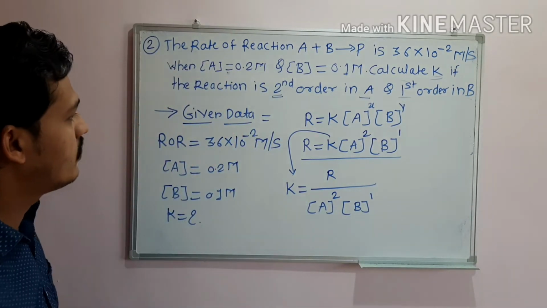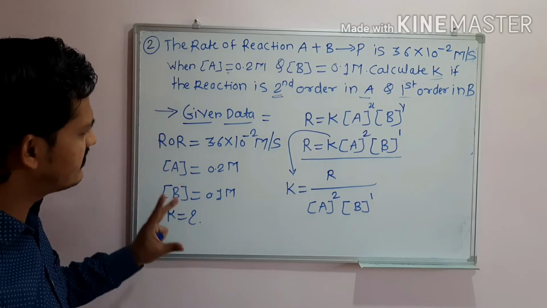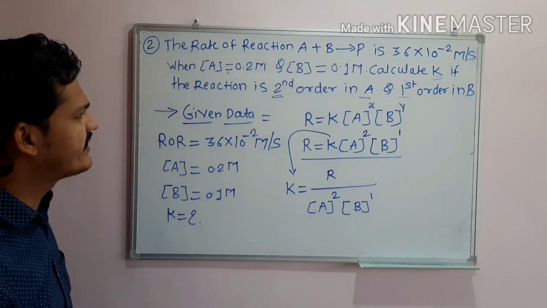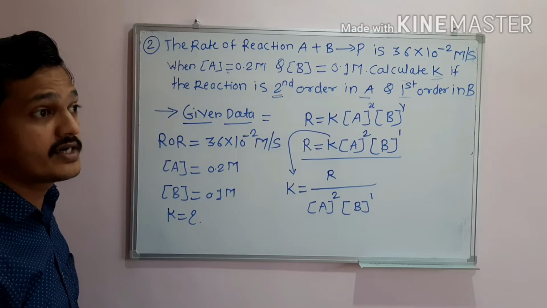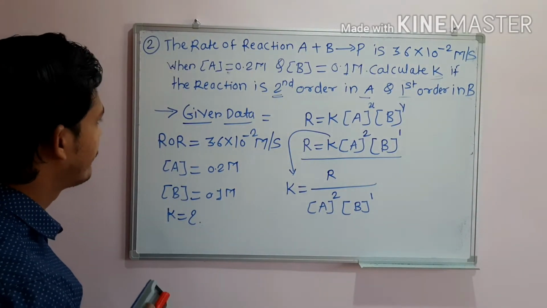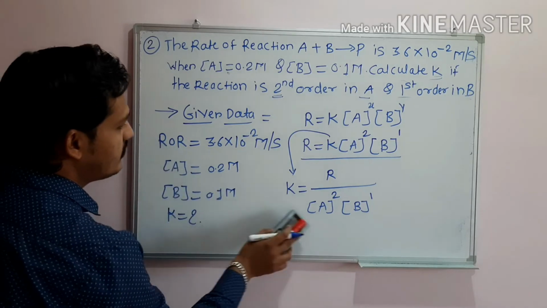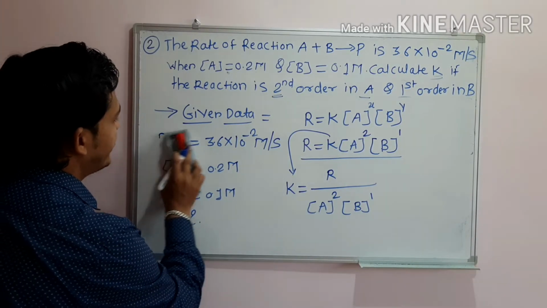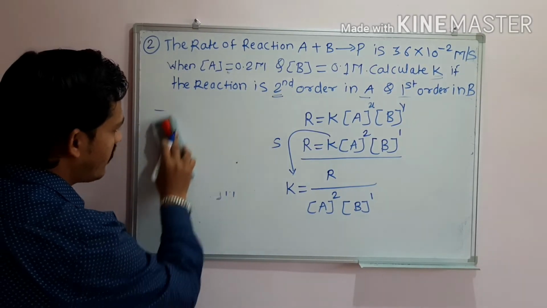Okay, now this is the basic pattern to write the correct, appropriate numerical. Now putting the values in this equation, so I am erasing that now.